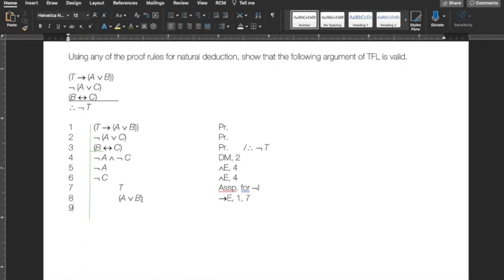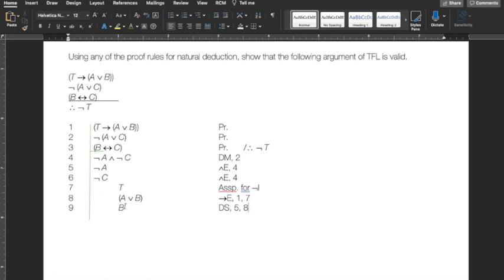And it turns out we have the negation of one of our disjuncts at line 5. So disjunctive syllogism tells us that if we have the negation of a disjunct, then we can add the other disjunct on a new line. So that's DS for disjunctive syllogism from lines 5 and 8.